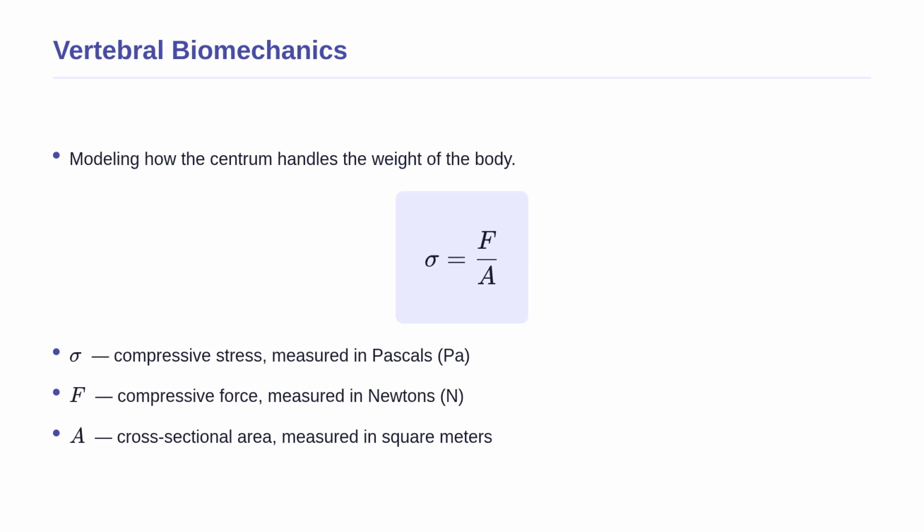F stands for the downward compressive force, or weight, measured in newtons. A is the cross-sectional surface area of the centrum, in square meters. If the downward force increases, stress increases significantly. But if the area increases, the stress decreases, keeping the bone safe from fracturing.